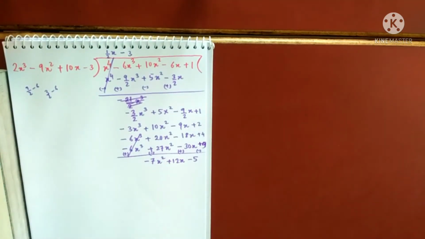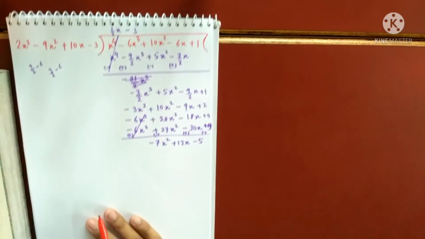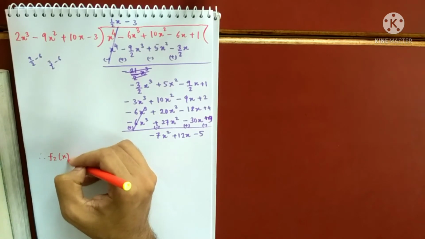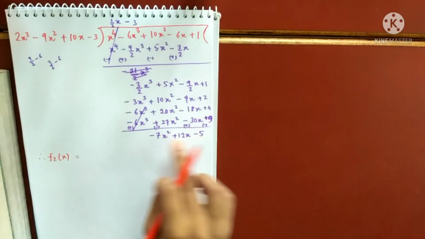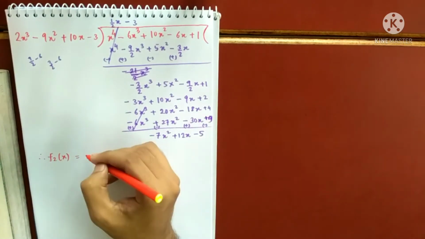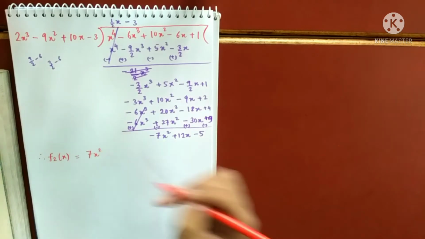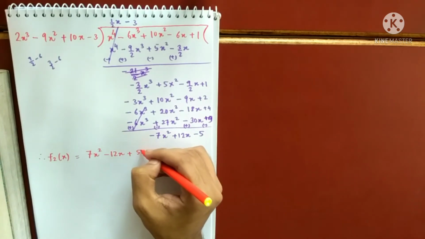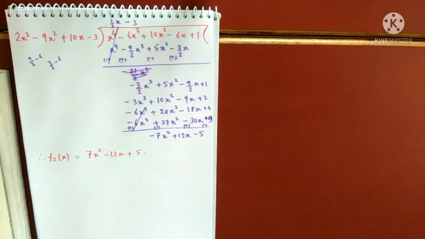So this is your next remainder. So according to the remainder theory, what I know, if 2x is this quantity by changing the sign. So this will become 7x square minus 12x plus 5, because we changed the sign before doing it.